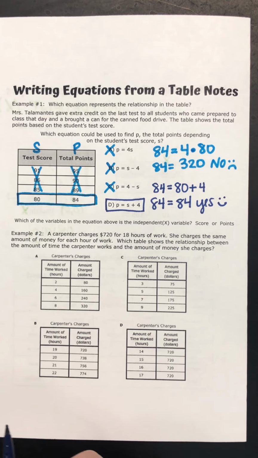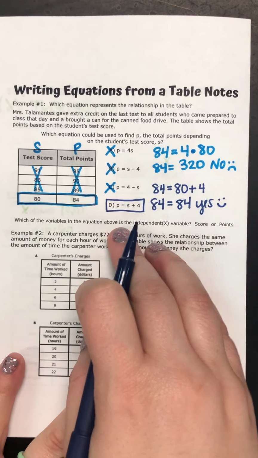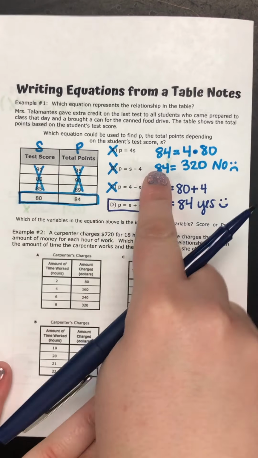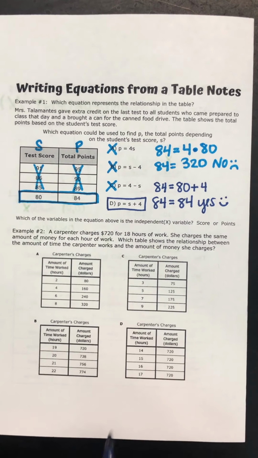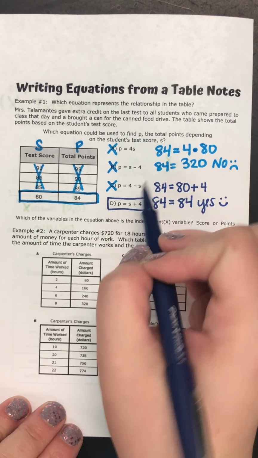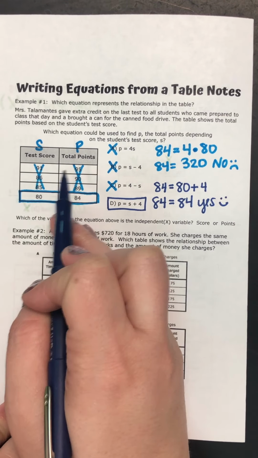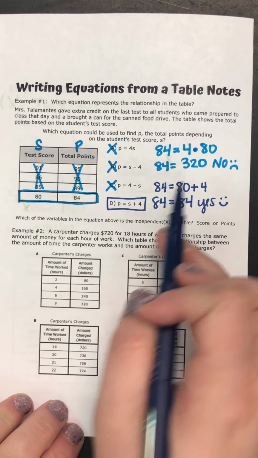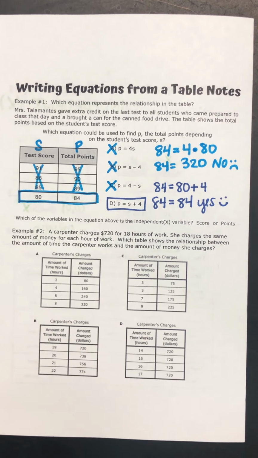Now, instead of relying on vocabulary, they gave us equations. All we had to do was plug in information to see which one matched. Remember, we eliminated B and C because they were subtracting, and when we look at our numbers they are getting bigger, so we knew it had to be either multiplying or adding. Okay?